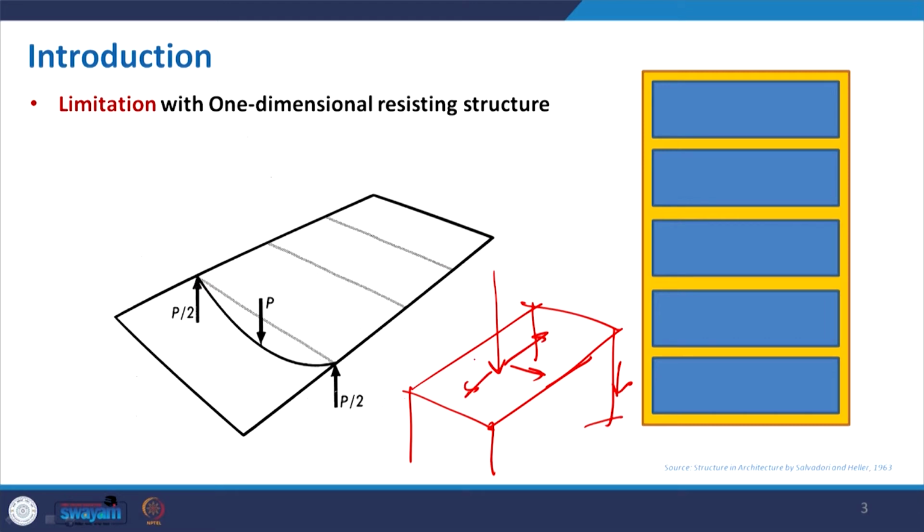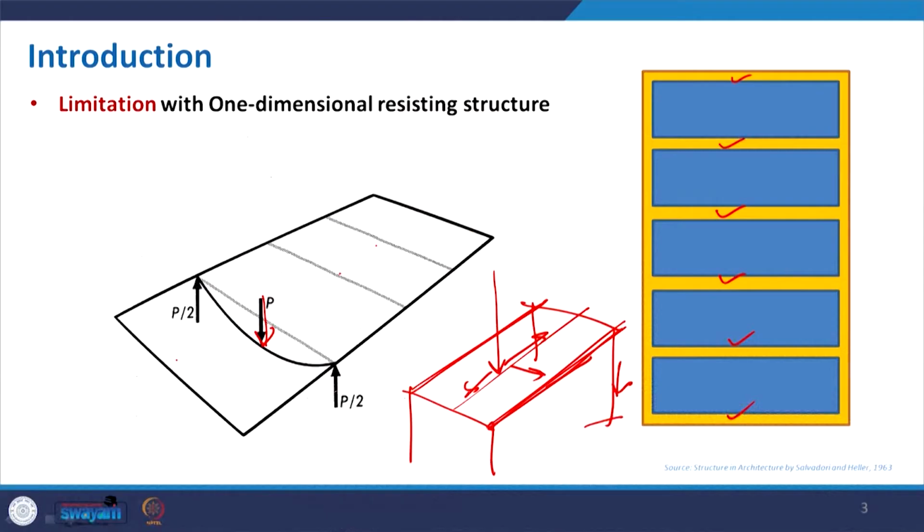But in this particular case, the beam is given in one direction, in one dimension, either in x or in y. Here you see a rectangular slab and the beams are provided parallel to each other. But the problem with the one dimensional arrangement is that whenever you give a point load, the corresponding beam will get more deflection and there is not much deflection in the other parallel beams.